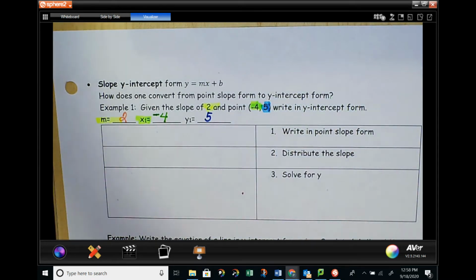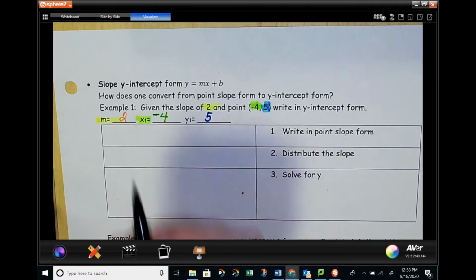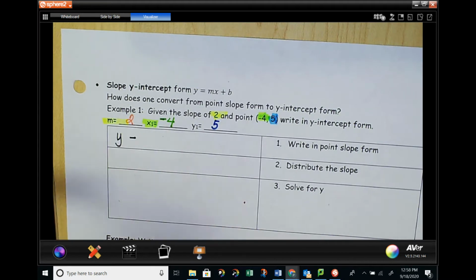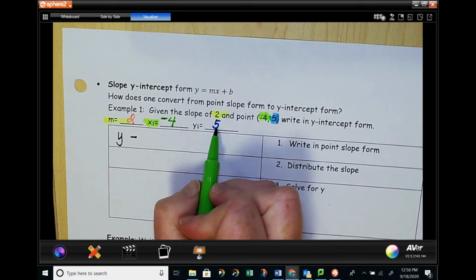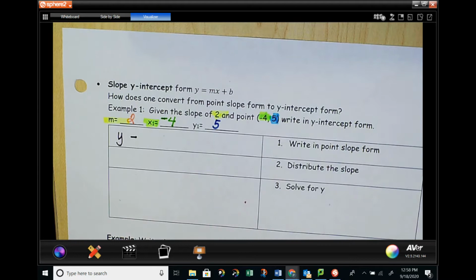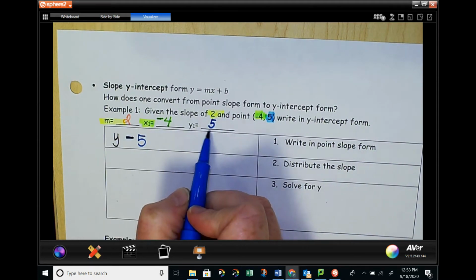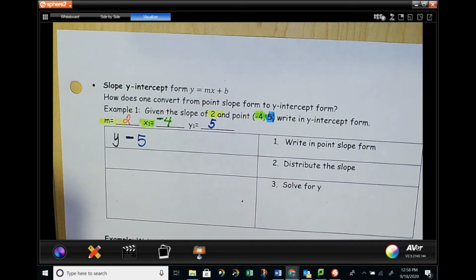This is everything that I did in the last couple videos. So y, and then what's the opposite of negative 5? The opposite of negative 5 is positive 5, so y minus 5.